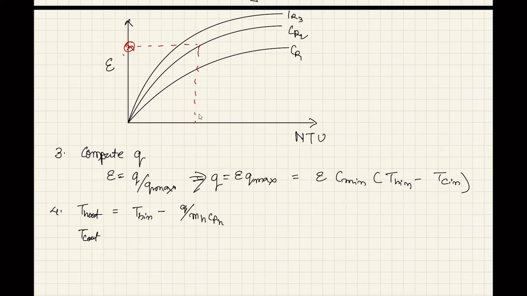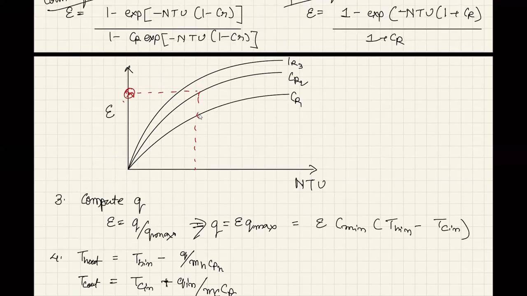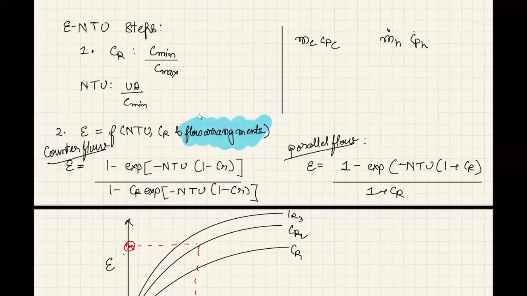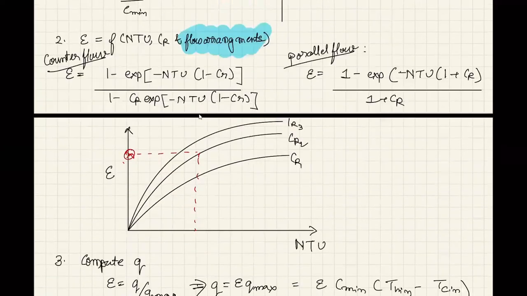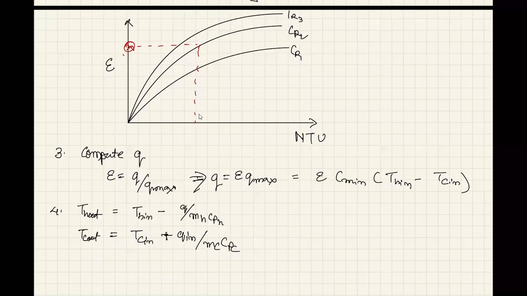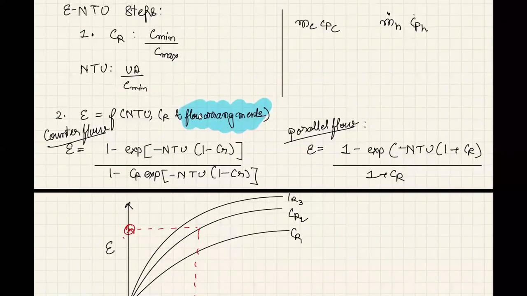This is just a rearrangement of Q is equal to M CP delta T. This will be TC in plus, since the temperature is going to increase for the cold stream, a plus sign, Q over M cold times CPC. All right, so this is the particular set of steps for solving a problem using the epsilon NTU method.